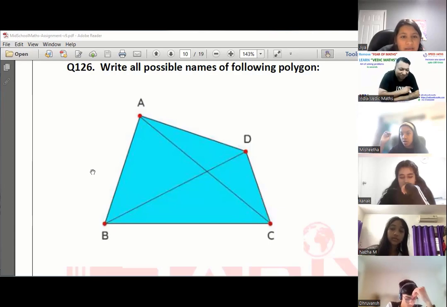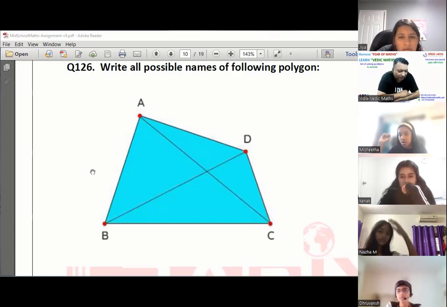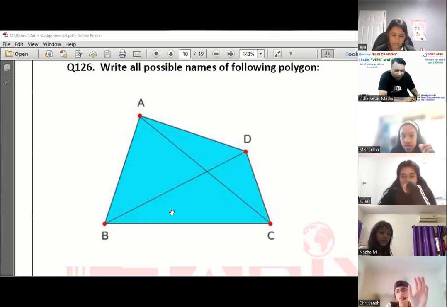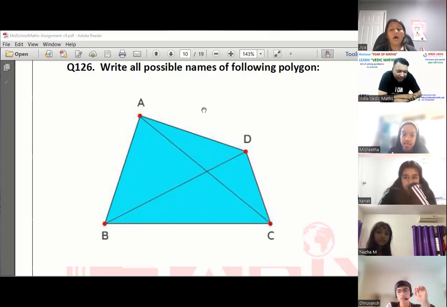Yes, polygon, sorry, name. I want how many names you could get, Nishita? Can you hear me now? What it says: write all possible names of the following polygon. So you write ABCD, it is like ADB, ADCB, all those.